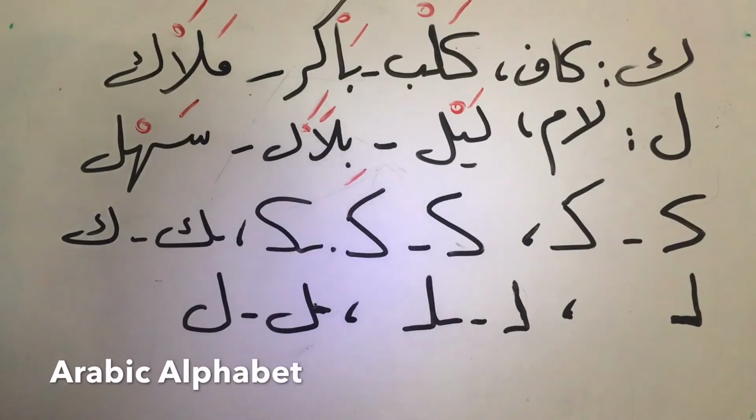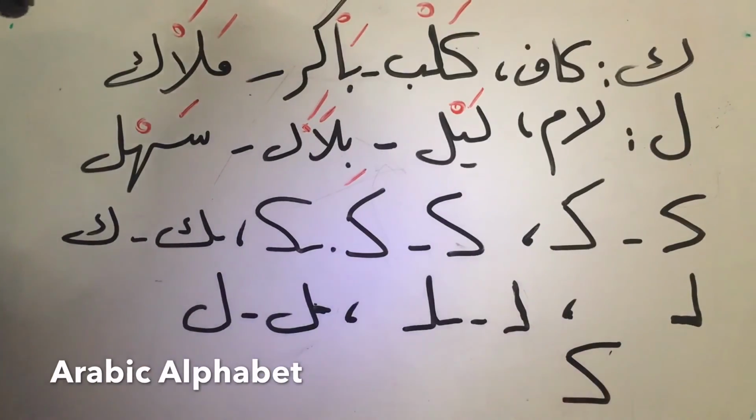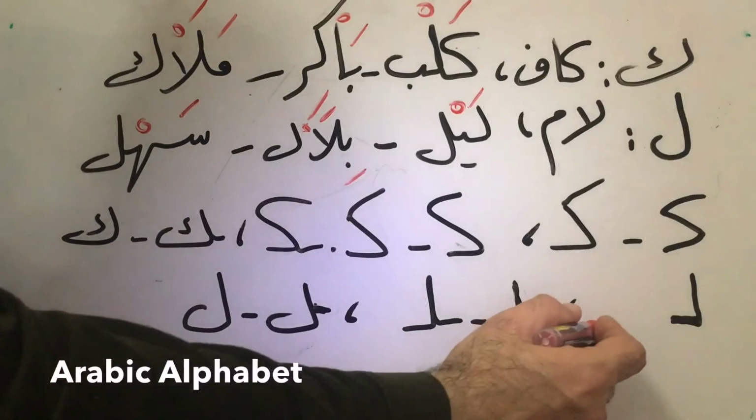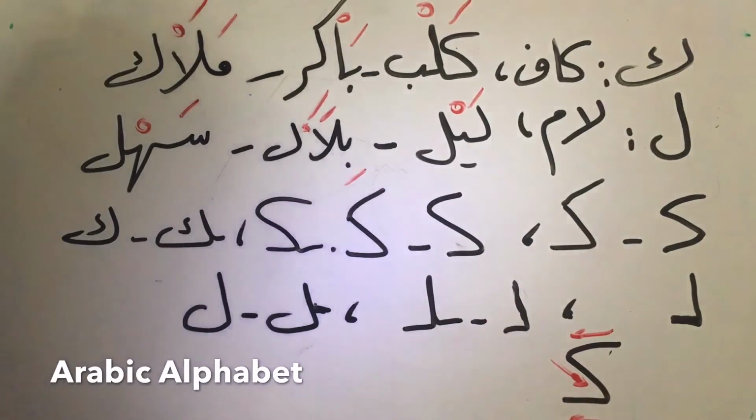If you want to know the movement of the hand during writing kaf, kaf can be written like this, and if it is in the middle of the word, it is like this.